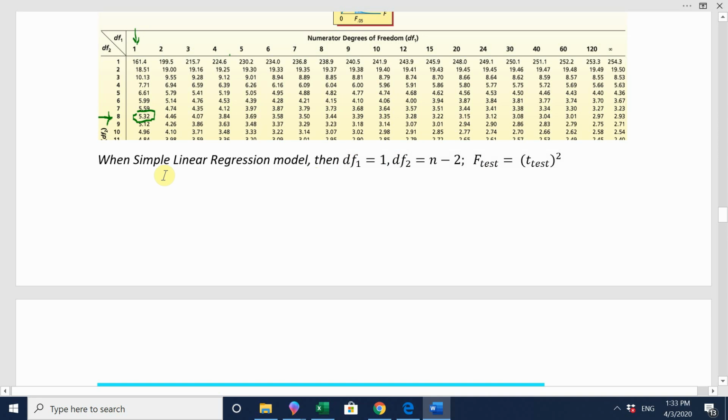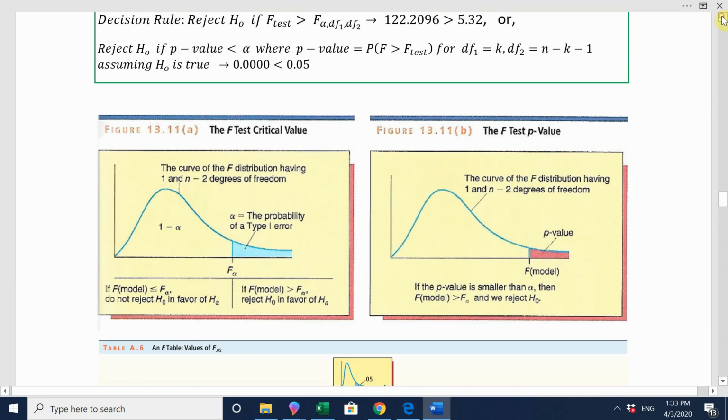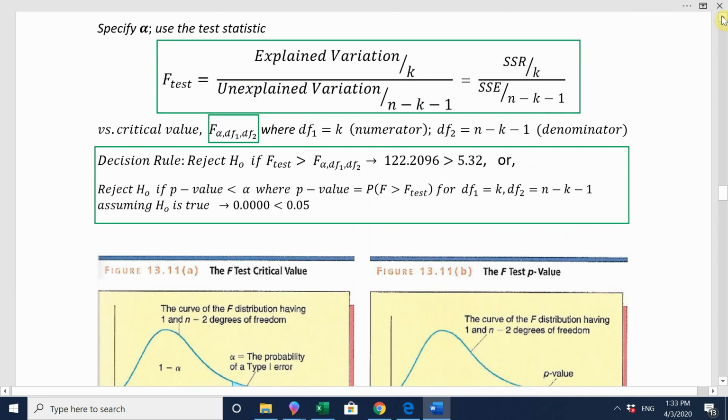That is what a simple linear regression model is all about, having one predictor for y. Then the next thing to note here is that the f-test will be equal to the square of the t-test value.